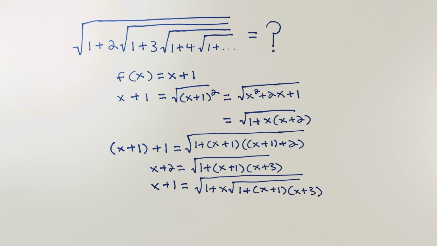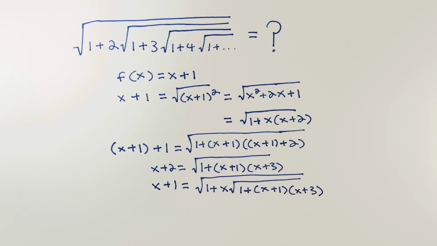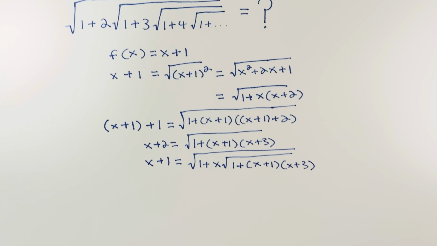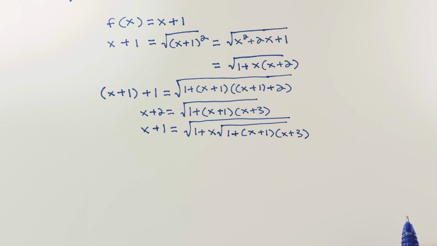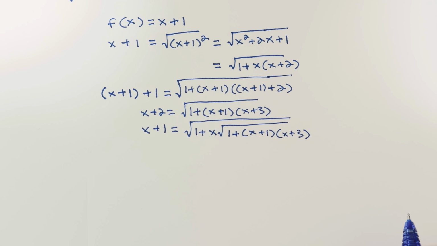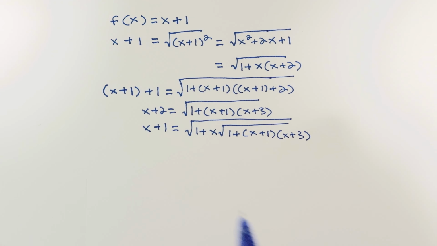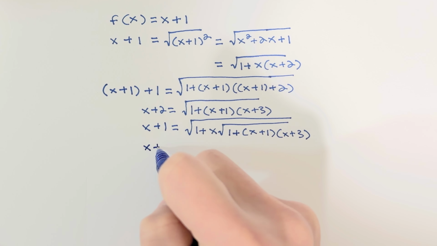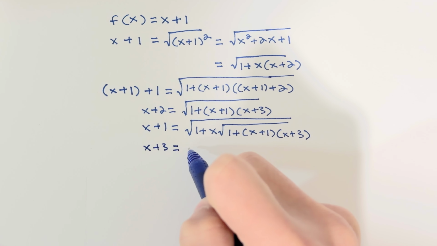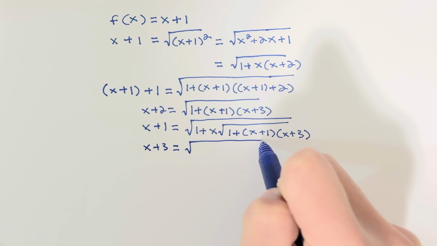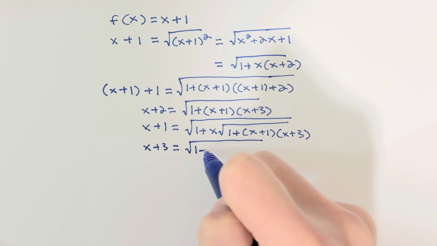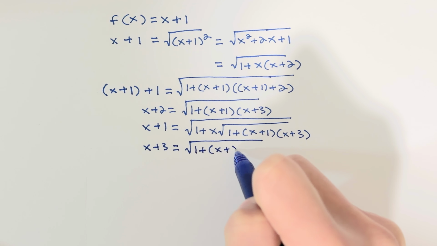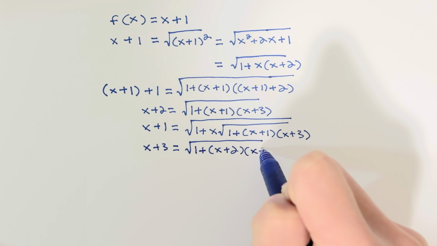Now we push to infinity. We can do this again and again. We can substitute x plus 3 using the same rule, and then we will get that x plus 3 is equal to the square root of 1 plus (x plus 2) times (x plus 4).